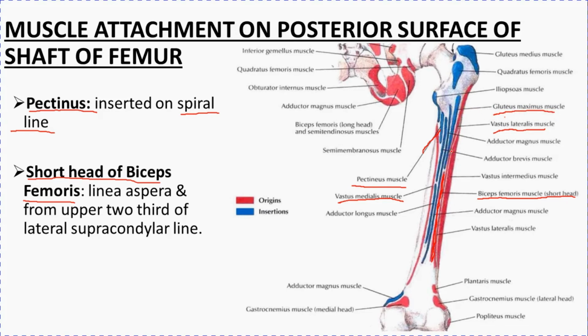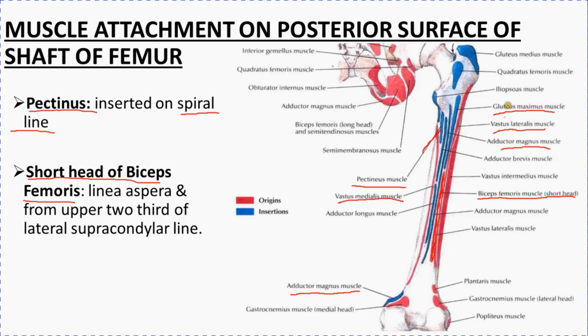And now you have the three adductors. The adductor magnus muscle is taking the more length of the origin. See, it is arising from the medial lip of the gluteal tuberosity, running downward, traversing the linea aspera, down up to the medial supracondylar line, as well as on the adductor tubercle of the femur.